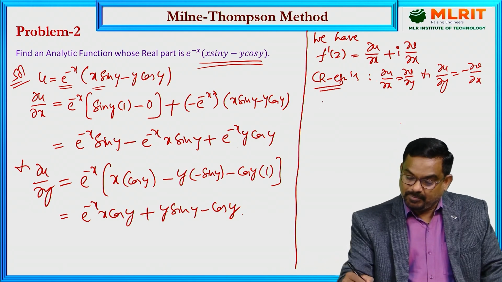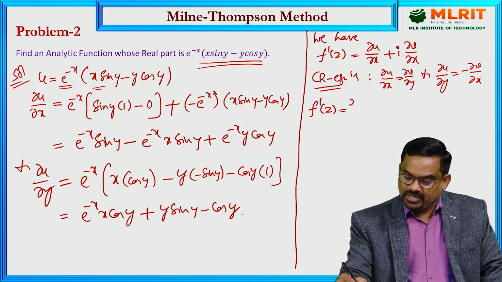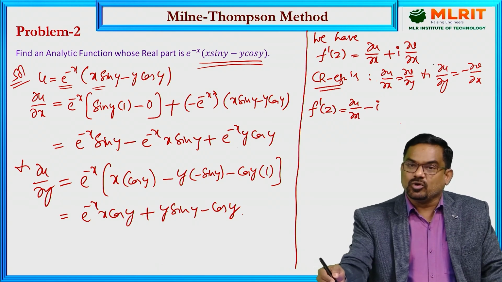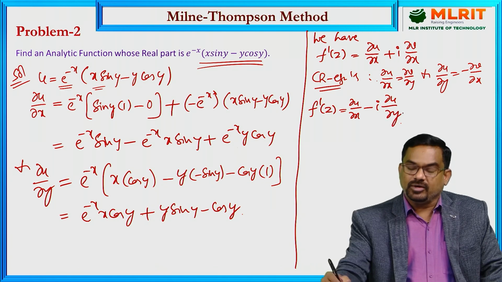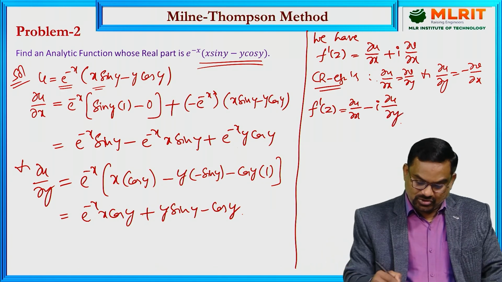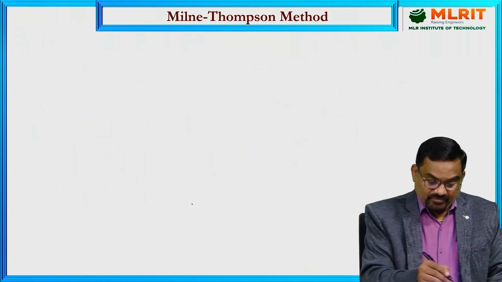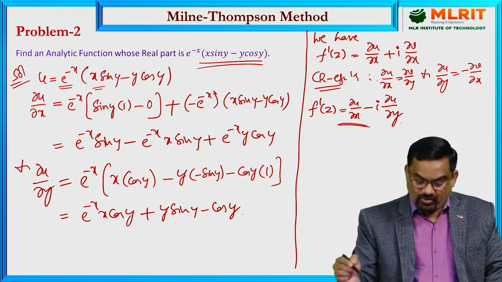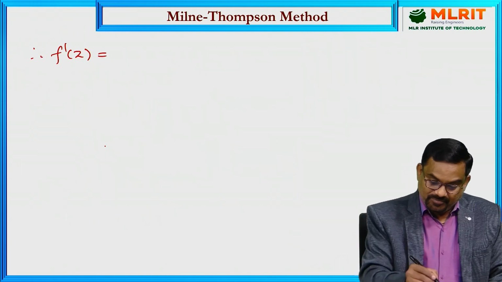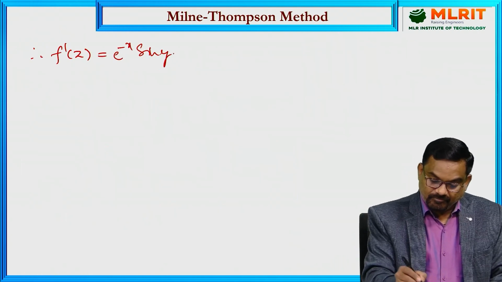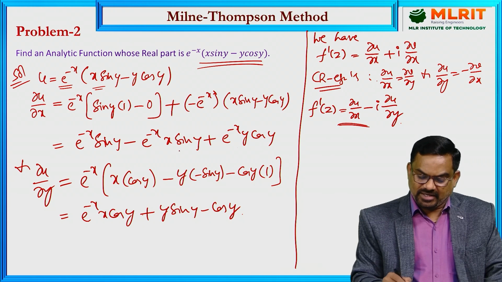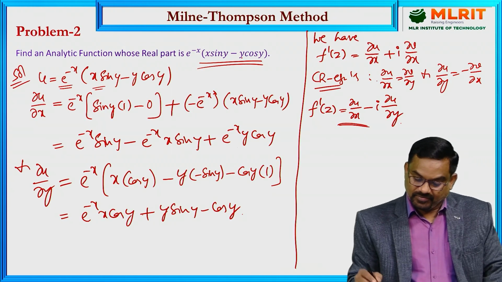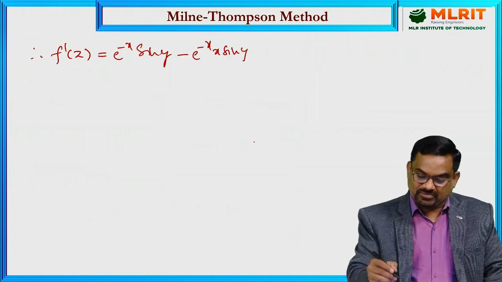So, by replacing the second term, we get ∂u/∂x minus i into, here ∂v/∂x is minus ∂u/∂y, minus ∂u/∂y. So, let us substitute these two. Therefore, f dash z equal to, first ∂u/∂x, e power minus x sin y minus e power minus x sin y plus e power minus x y cos y.